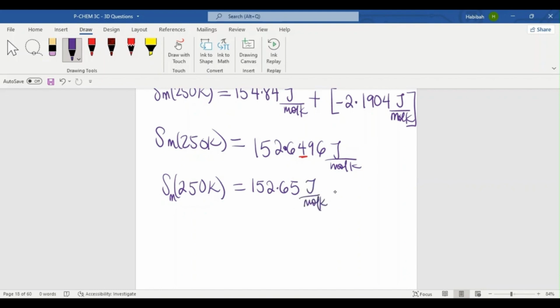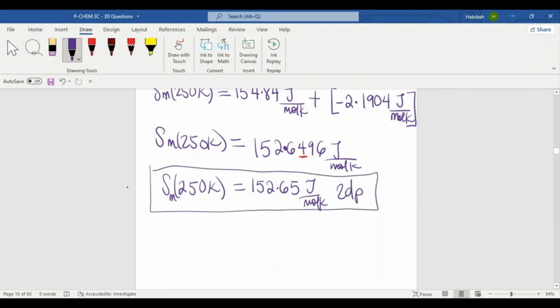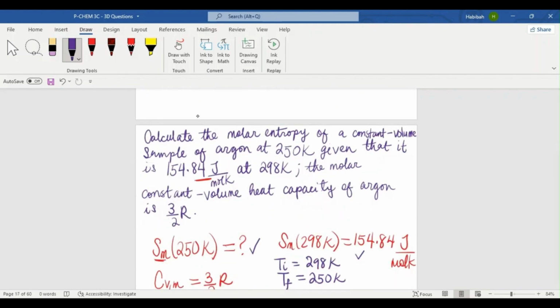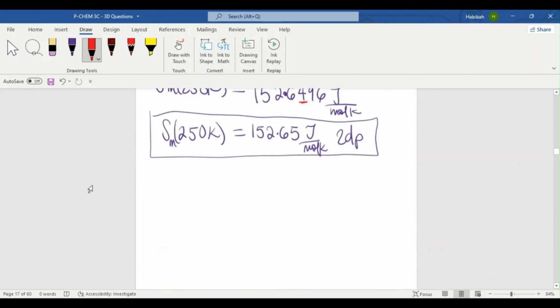It's also possible that you'll be asked to put this answer in 3 sig figs, as is usual in chemistry, since 250 Kelvins and 298 Kelvin are 3 sig figs. In 3 sig figs, the molar entropy at 250 Kelvin is 153 joule per mole Kelvin. So it can be either of the two.